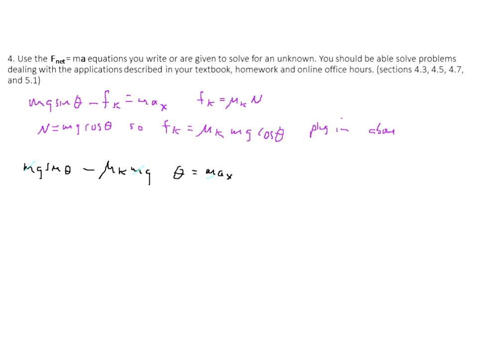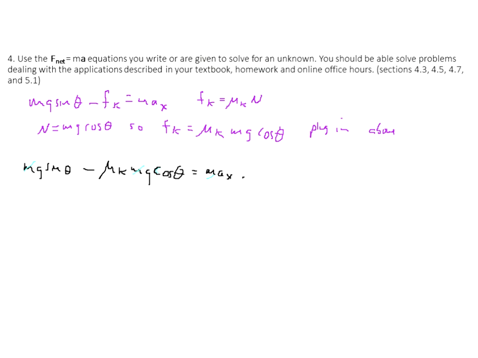That's mu sub k mg cosine theta. So that allows us to find a.